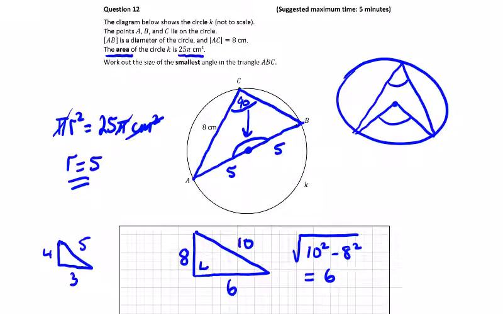So the size of the angle, the smallest angle will be opposite the smallest side, so it'll be this one here. So we can use SOHCAHTOA, we have all three sides.